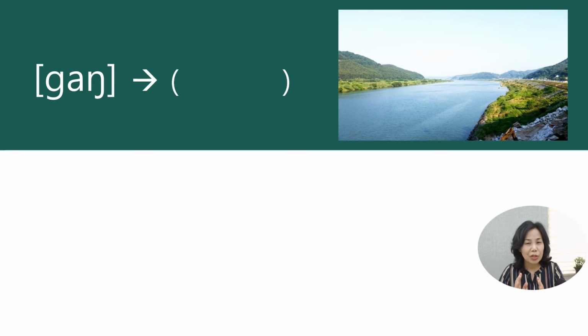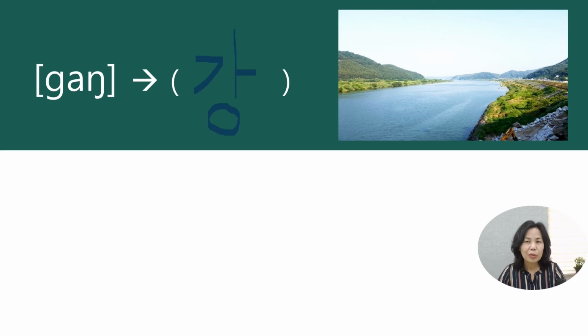Let's check one more word. 강 is a river in Korean. Can you write it? Curved ㄱ and vertical vowel ㅏ, and then final consonant ㅇ. 강.